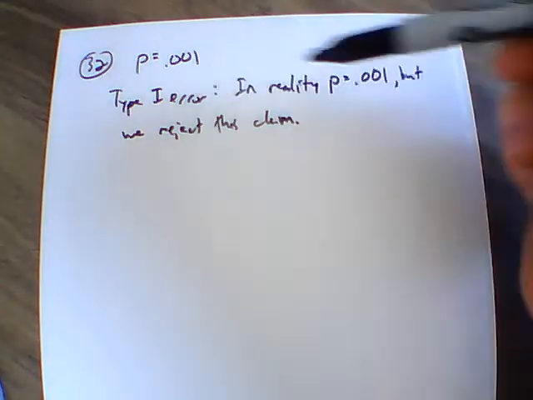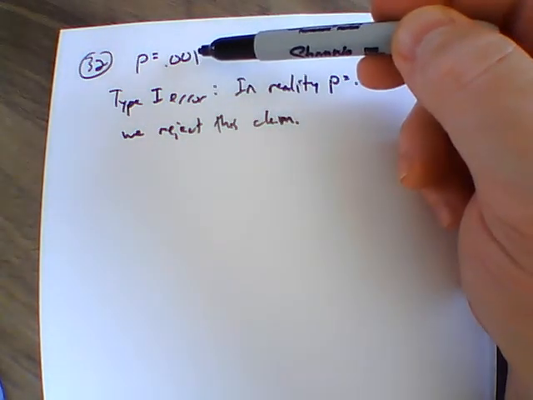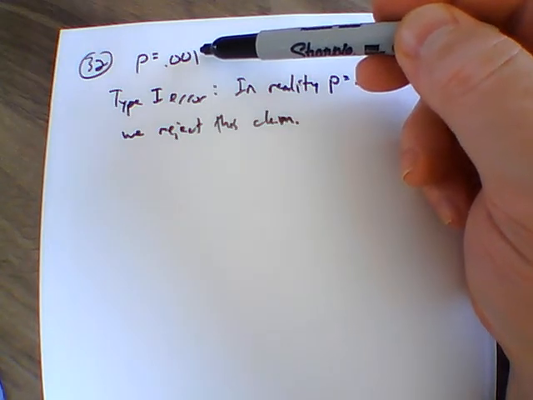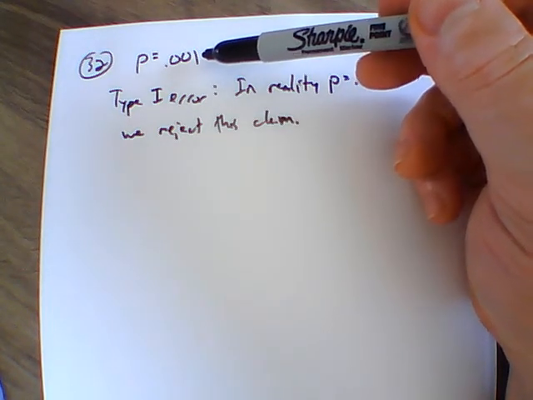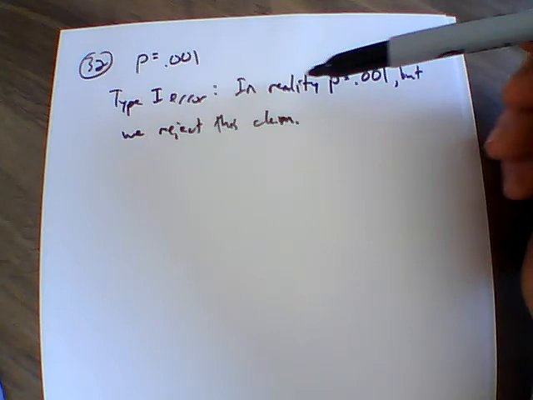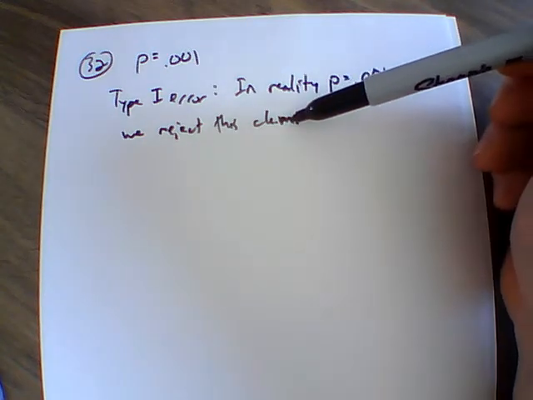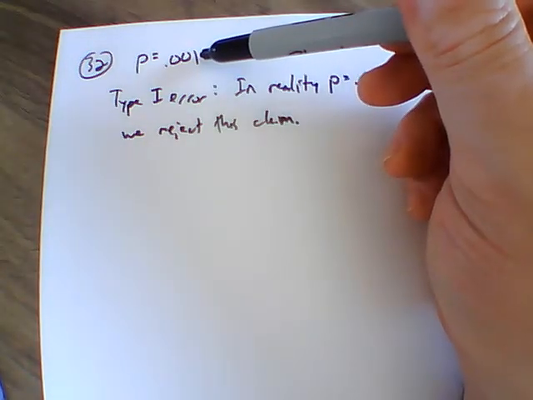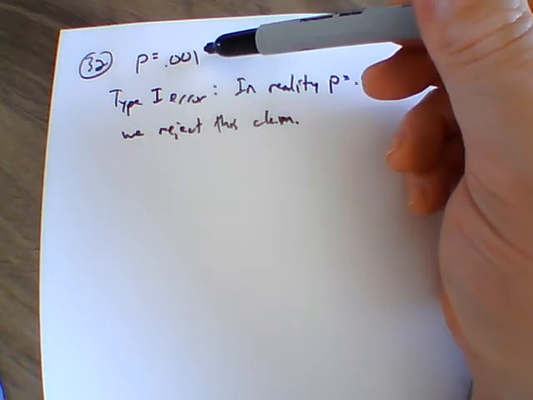So if we had a type 1 error here, that in reality only 0.001 percentage of people win in a casino, this is what it is, but we for some reason rejected that fact and said no, it's not that. That would be a type 1 error.